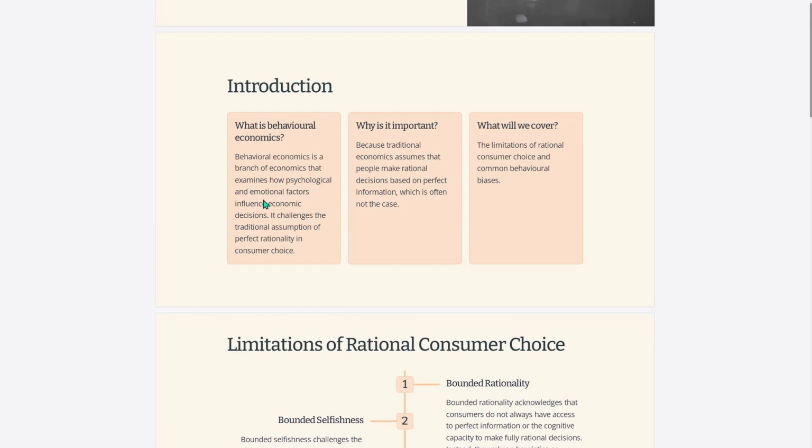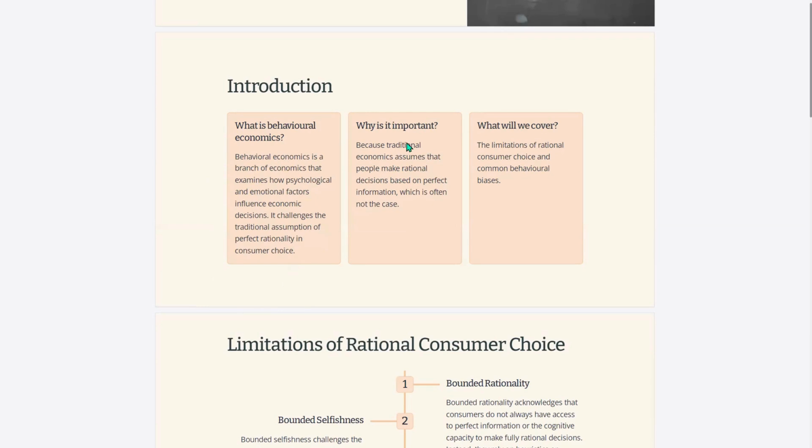So behavioral economics challenges the traditional assumptions of perfect rationality in consumer choices. Earlier we read that customers make perfectly rational consumer choices, but that is not so. In real life, behavioral economics is a bigger, broader concept, because we want to understand what are the psychological and emotional factors that govern the behavior of a consumer.